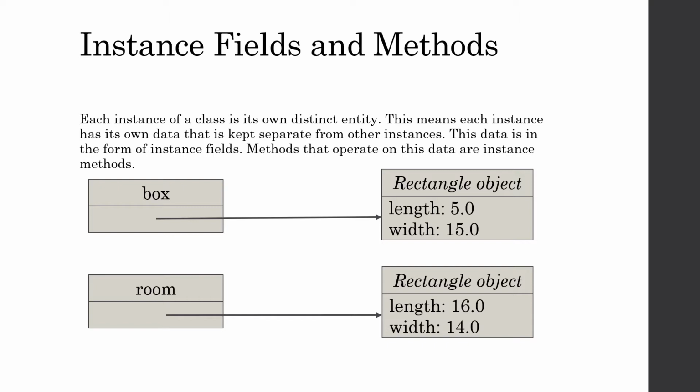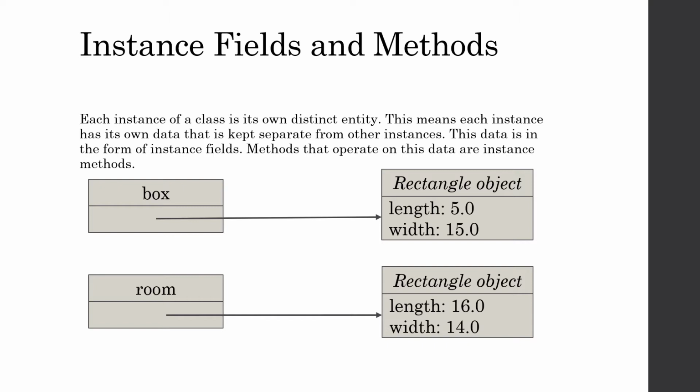Additionally, the methods that operate on that length and width, that is to say all 5 of the methods that we created, those are going to be instance methods. So that includes the getArea as well as the getLength, setLength, and the getWidth and setWidth. So all 5 of those methods are instance methods.